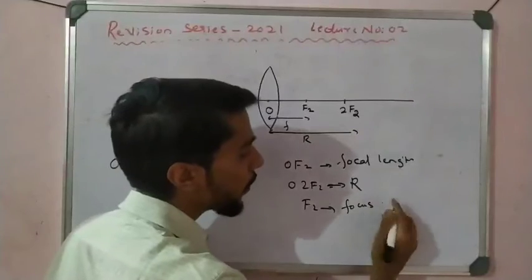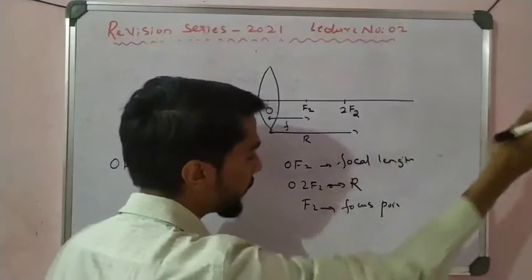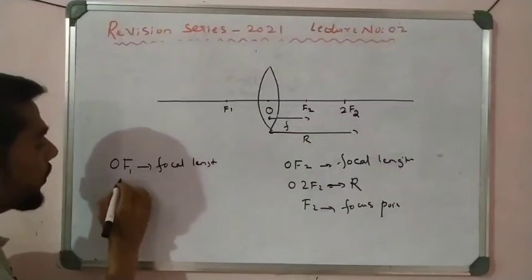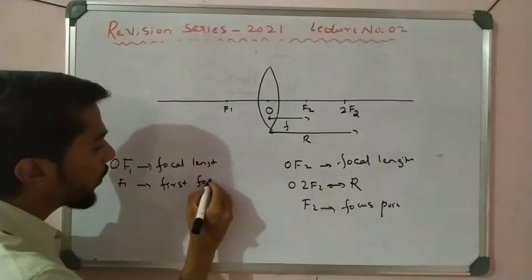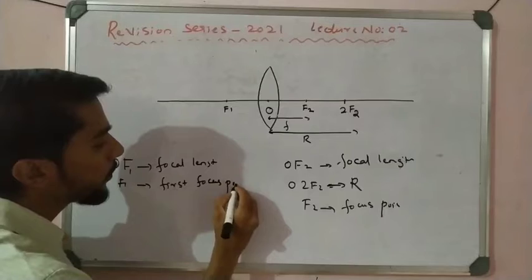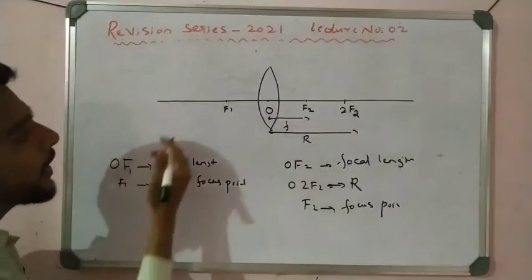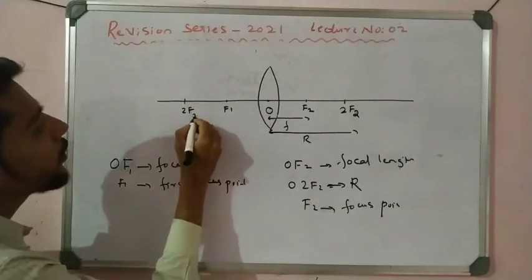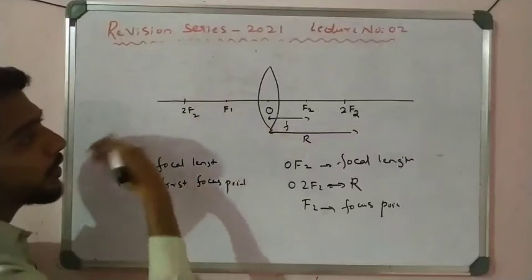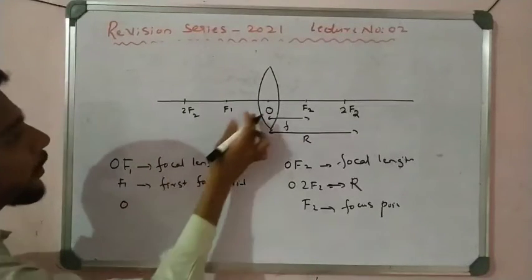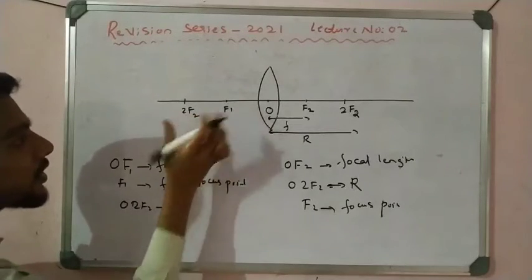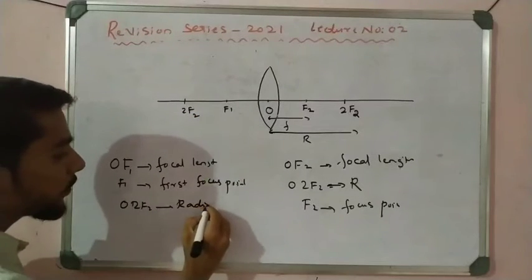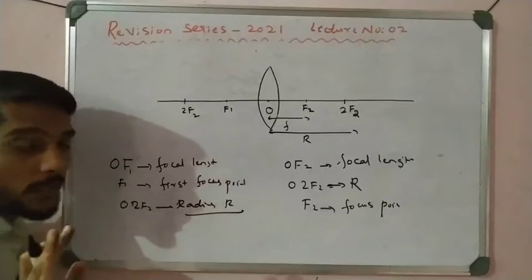F2 is the first focus point on the right side, and F1 is the first focus point on the left side. Now 2F2 is the double focus point. The distance from O to 2F2 is the radius of curvature. You have to remember that one, right, students?